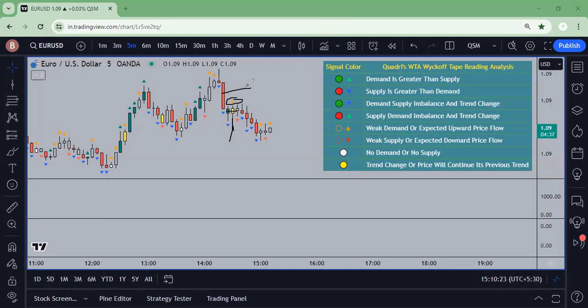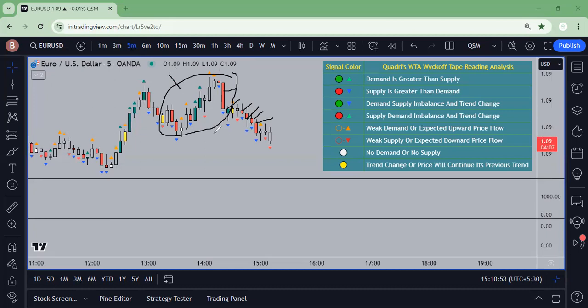After this big sell off, please try and understand, if I'm talking about a 5-minute time frame chart, this tape reading toolkit is not restricted to any time frame. We are reading individual ticks or candles in context of the entire structure.